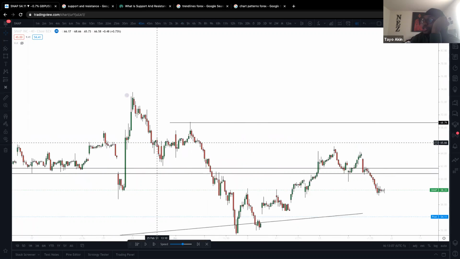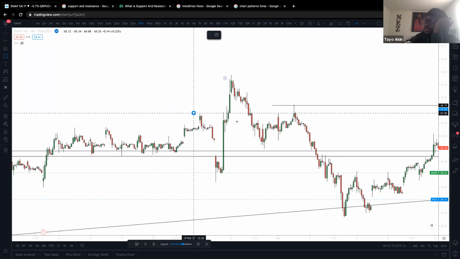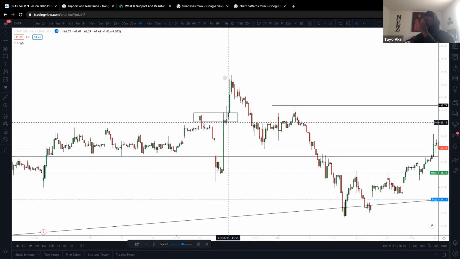So let's say you are trying to sell somewhere around here, hypothetically speaking. Let's say you're trying to sell Snapchat because you think it's getting high. The reason you do not want to sell is, one, do you see this big candle?